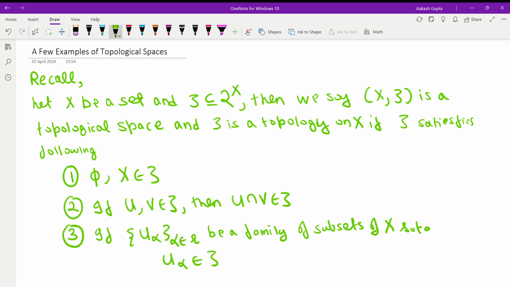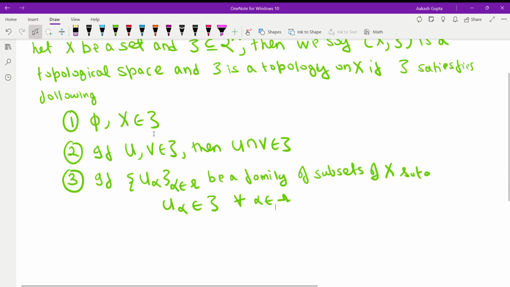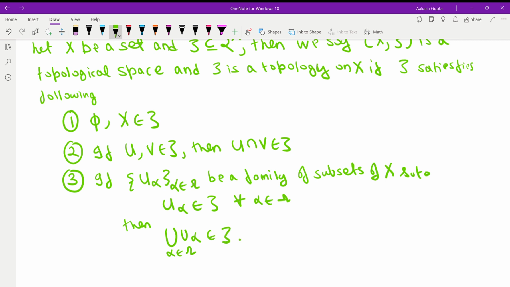Basically I need a family in tau for every alpha in capital Lambda or Omega. I know my notations and writing is bad, so whichever symbol you want, some index set basically. So what should happen? Then the union should be in tau. So these are the three things which we need to check to verify if something is a topology or not.